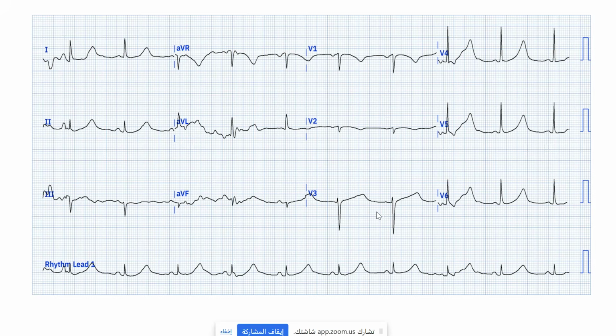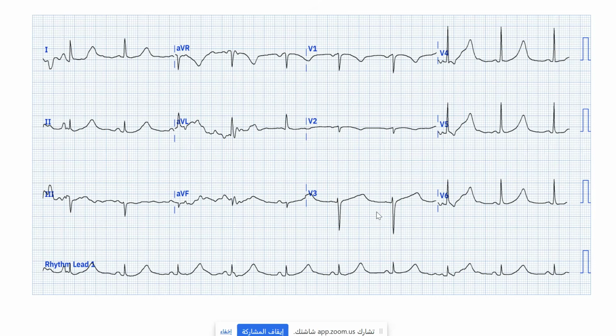One of the commonest medications are macrolides, antimalarials, and antibiotics. Excellent. So sinus bradycardia, and the most important thing in this ECG is the long QT interval. Good, excellent.